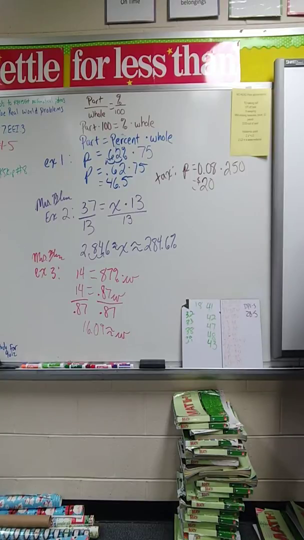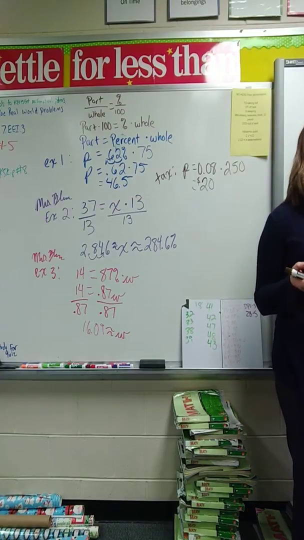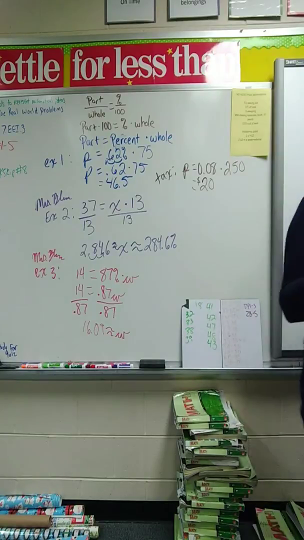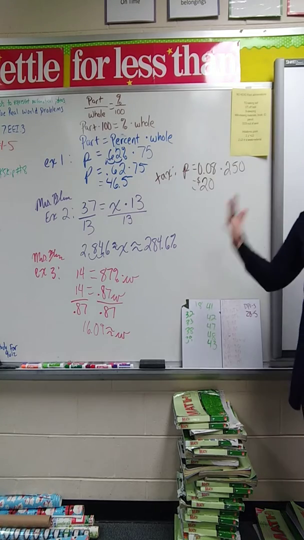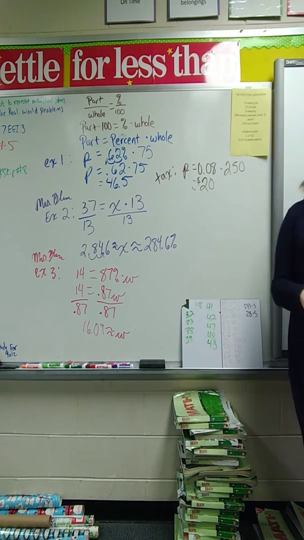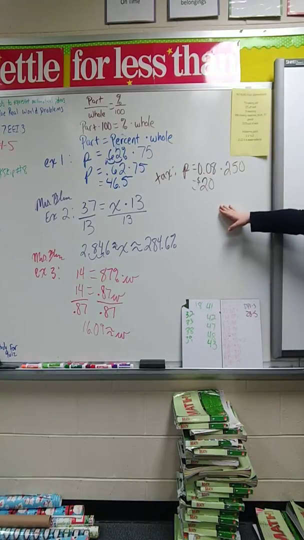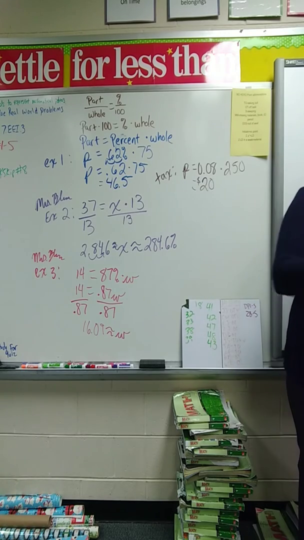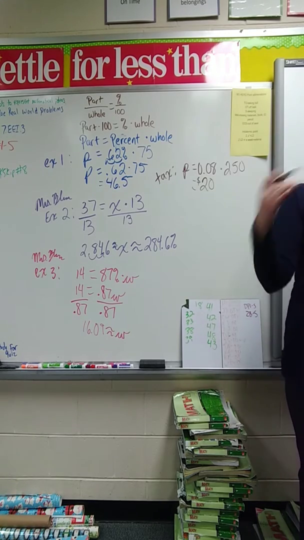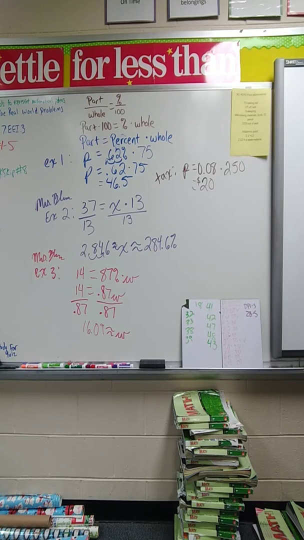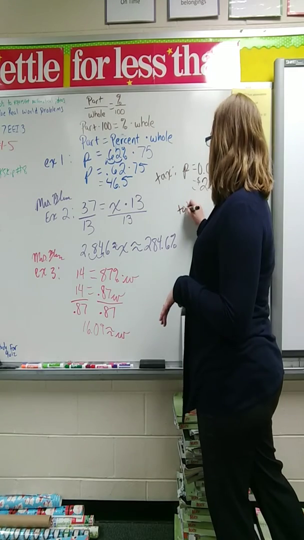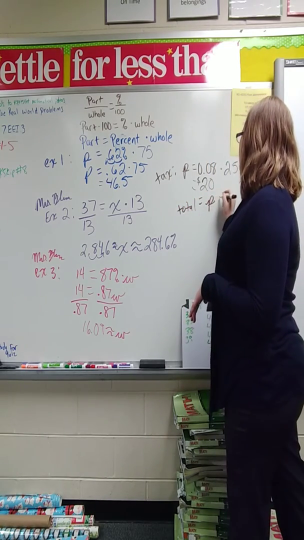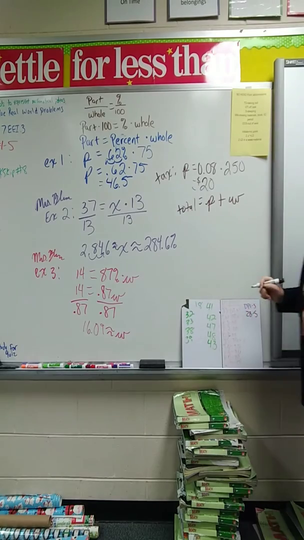It's the way the world works. Okay? Now, with a tax question, we can be asked multiple things. The first thing we could be asked is, how much tax do you pay? If that's the question, are we done? Yes. The second thing we could be asked is, what is the total that you will pay if tax is whatever? In that instance, we're not done. So the total equals the part plus my whole.